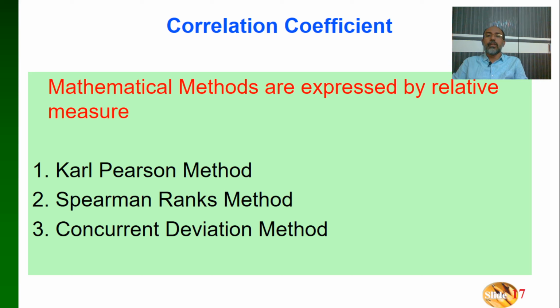According to the first one, the graphic method, there are two sub methods. One is called scatter diagram. I would like to write what the graphic methods are. We have already covered the graphic method. Number one is the scatter diagram.